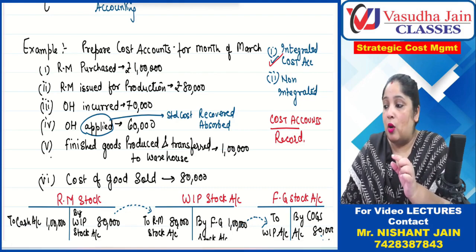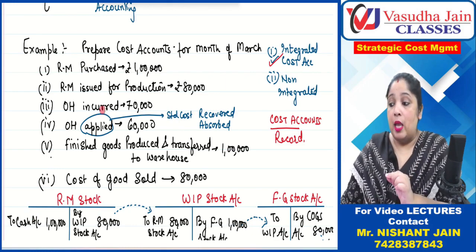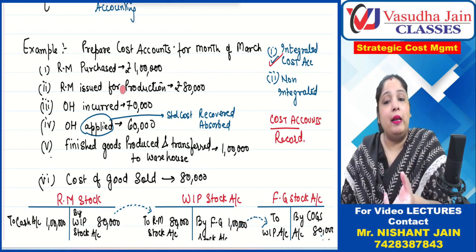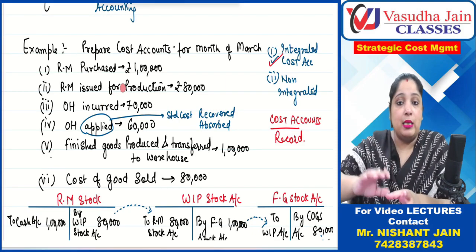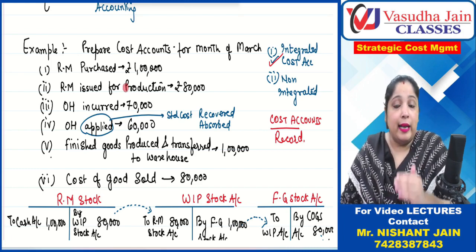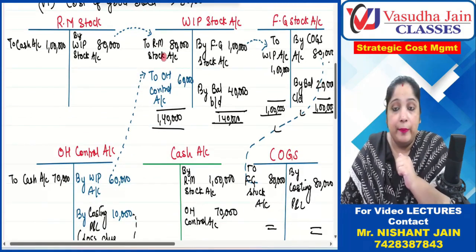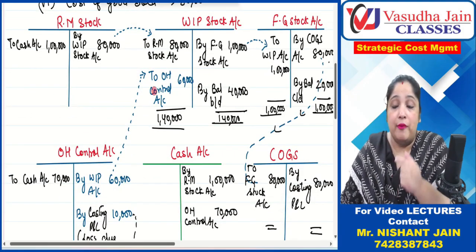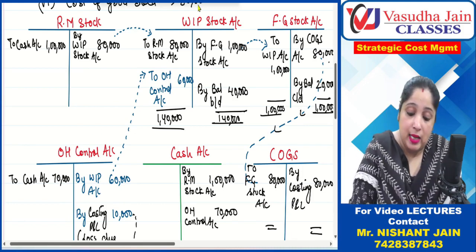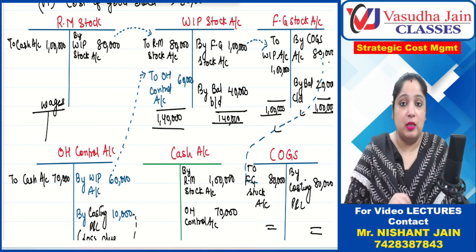When you purchase the raw material, the journal entry is passed. When you issue raw material to work in progress, when your raw material is transferred to production and the goods are getting made, then you pass an entry. Whatever conversion cost, wages, overheads, even if some wages have been incurred, you can make an account for the same also.